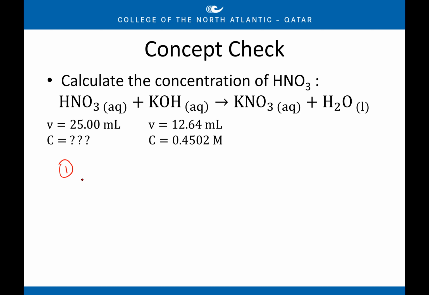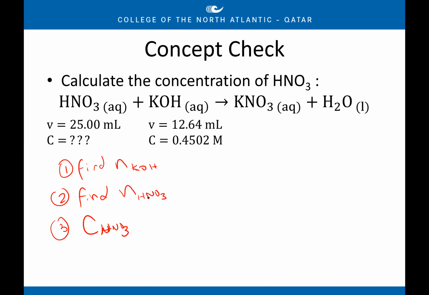So step 1, you want to find the moles of KOH. Step 2, you want to find the moles of HNO3. And step 3, you want to find the concentration of HNO3. The formula that you need is right here.